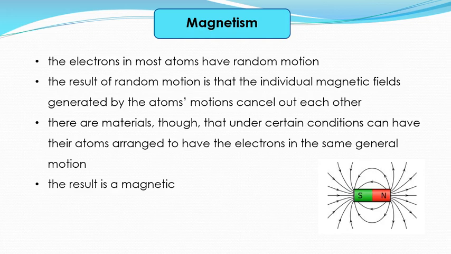There are materials, though, that under certain conditions can have their atoms arranged to have the electrons in the same general motion. And once again, if those atoms are arranged in the same general motion, the result will be a magnet.